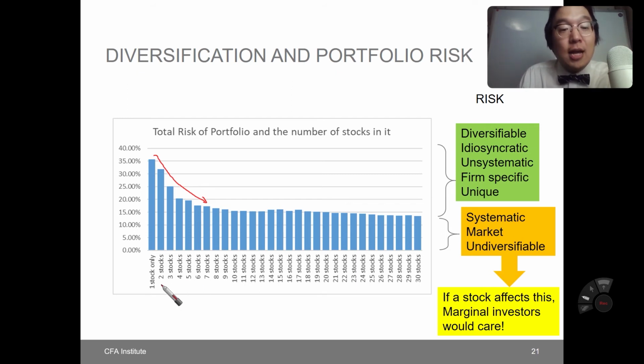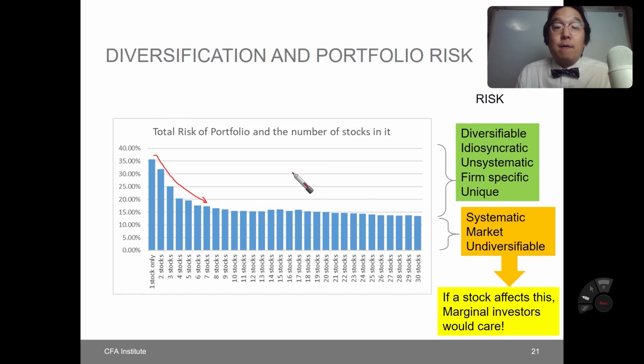So 2 stocks, 3 stocks, 4 stocks, 5 stocks, as I increase and diversify my portfolio instead of concentrating it on one stock, what I see is that the total risk of the portfolio goes down in an exponential manner. But it doesn't go to zero. That's another interesting part of it.